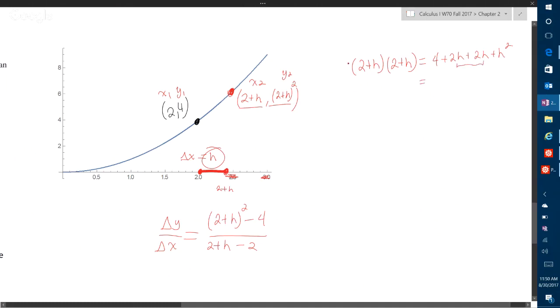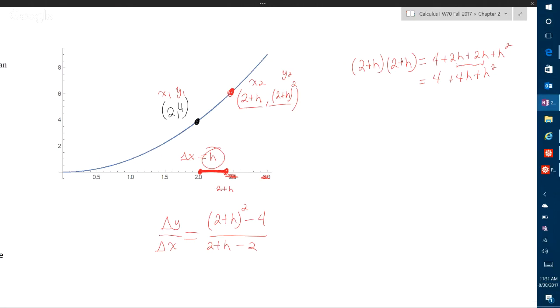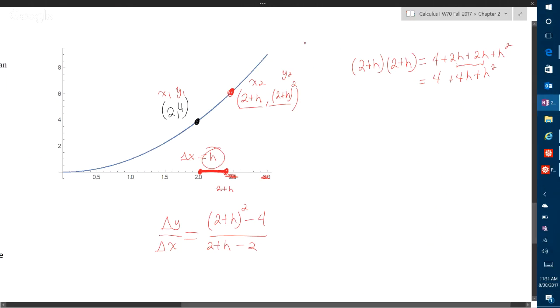Combine like terms: 4 plus 4h plus h squared. That's the FOILed form of it. FOIL, right? First, outside, inside, last. If you've forgotten or you've never seen FOIL before, you're just distributing: 2 times 2, 2 times h, and then h times 2, h times h, and you're adding them in between.